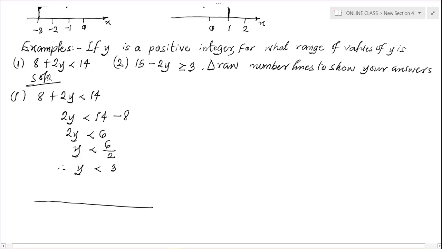Number line. We have a 0 here. 1, 2, 3. That's enough. y is what you use now in this case. It's not x. So here is on 3.